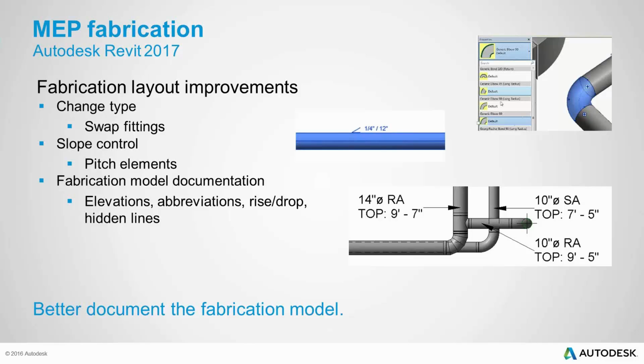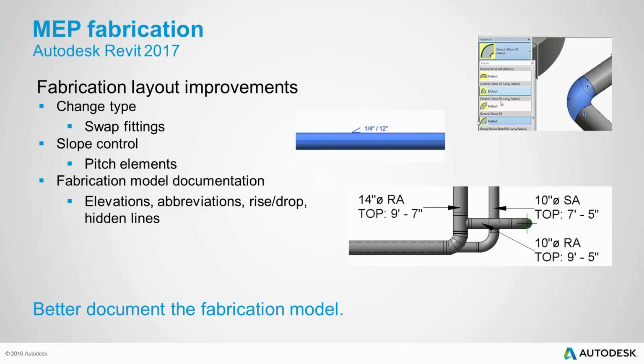And there are a number of improvements also to fabrication documentation. Like I said earlier, we always want to make it easier for you to document your layout as effectively as possible. We want to make documentation painless, where right now it is often really painful. So a number of parameters have been made available for scheduling and tagging, and the graphical representations that you can use have been improved as well.